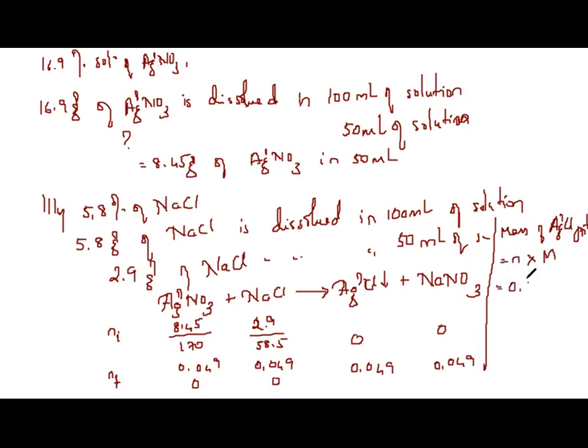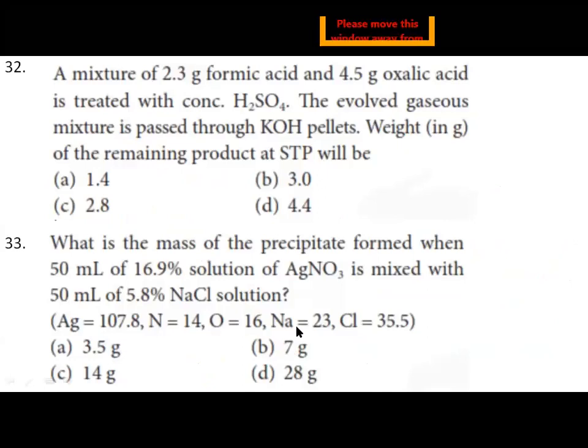Number of moles is 0.049, into the molar mass of AgCl, which is 107 plus 35.5, around 143.5. Solve it. You will get the answer approximately 7 grams. Do we have that option? It is option B, 7 grams. Clear with this? 7 grams, option B.